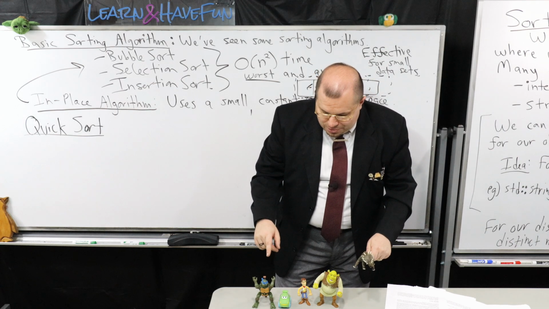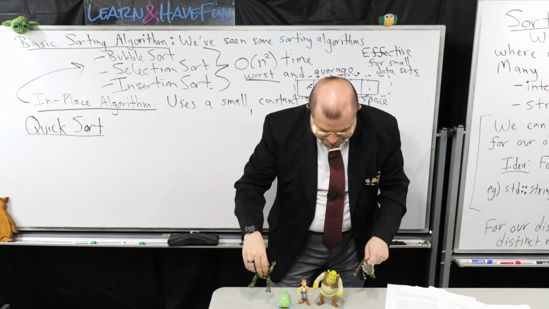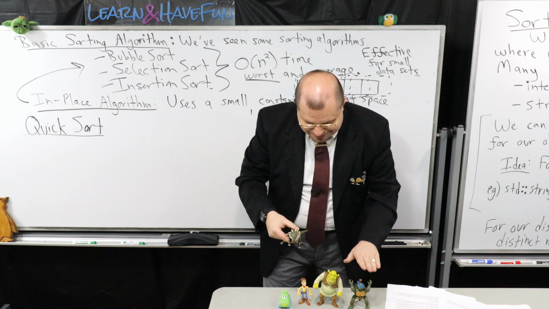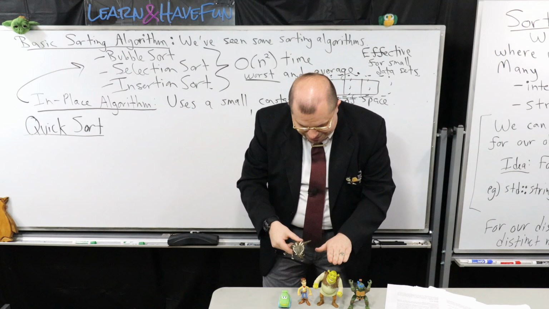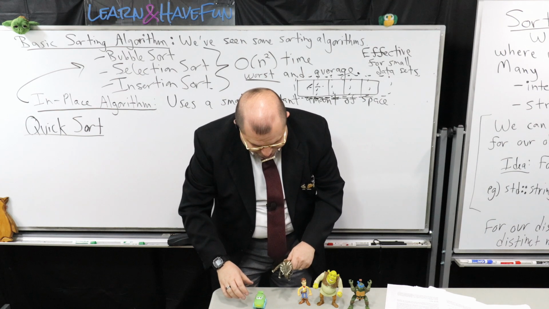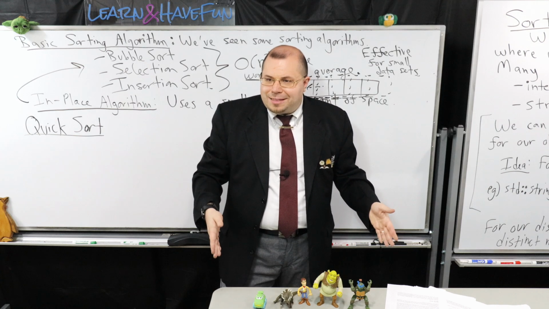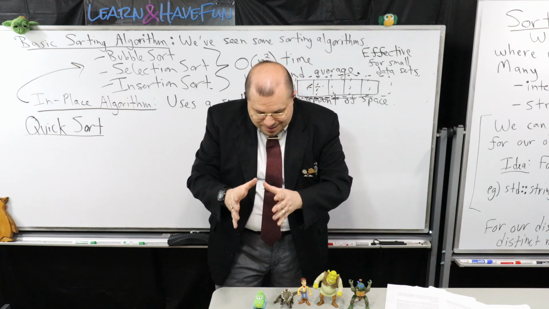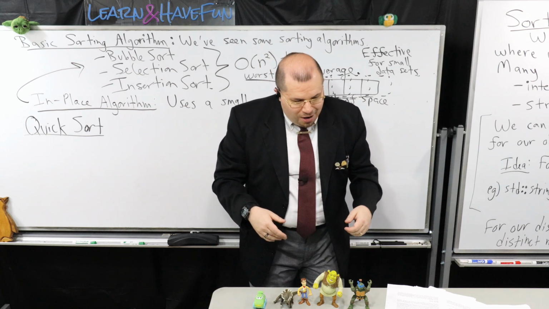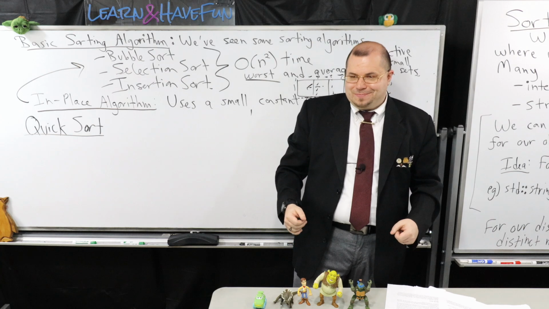So if I go through my friends, for example, notice that the turtle is definitely taller than the dinosaur, right? So we know that that's taller. I'm pretty sure the car's shorter. So if you were to lay them out like this now, notice that all my friends that are shorter than the dinosaur are on my left, all my friends that are taller than the dinosaur are on my right.